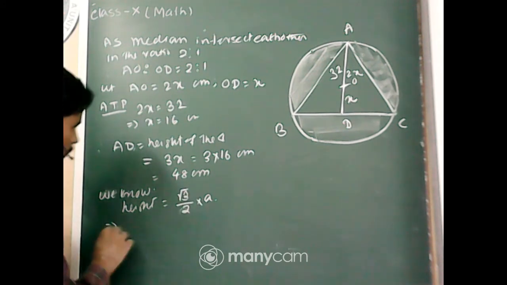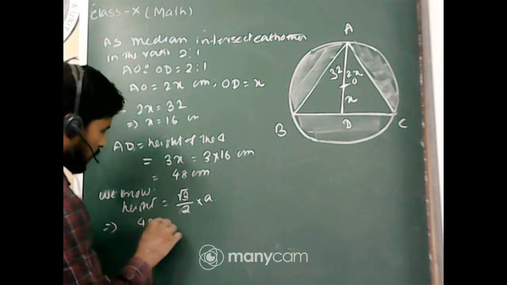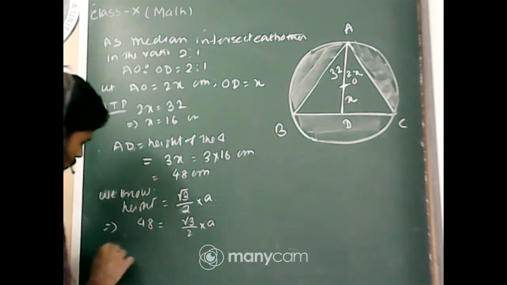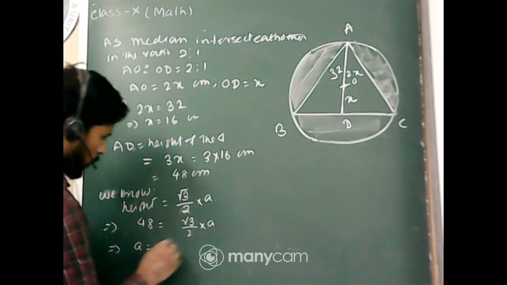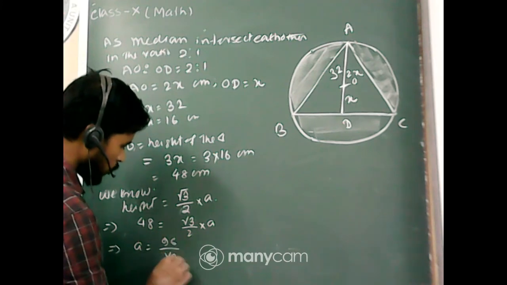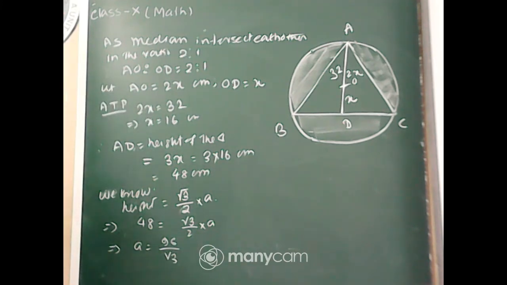So from here we have 48 is equal to root 3 by 2 into a. From here find the value of a. So a will be 96 by root 3 centimeter.